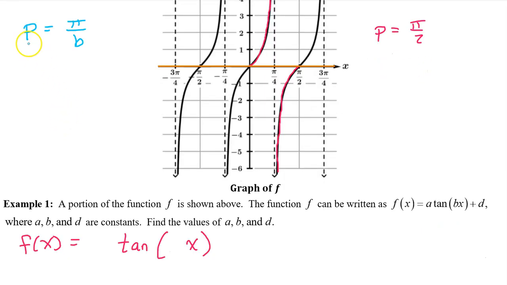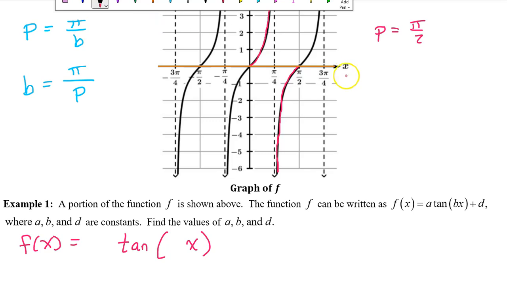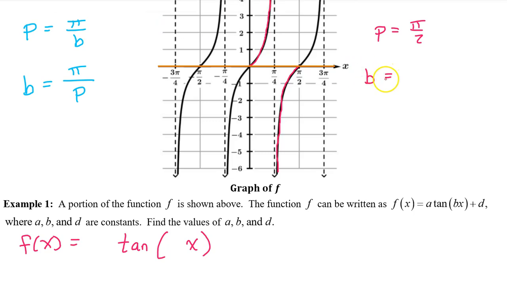We just learned that the period of a tangent function is equal to pi over b, but this can be rewritten as b is equal to pi divided by the period. So I'm going to use this to find the value of b right now. So the b value is going to equal pi divided by the period, which is pi over 2.